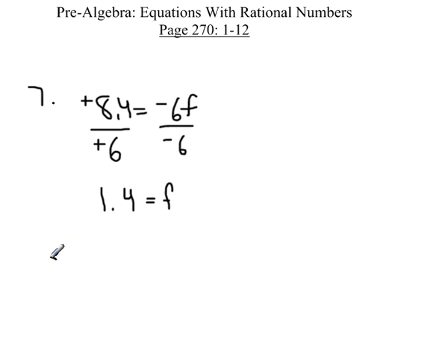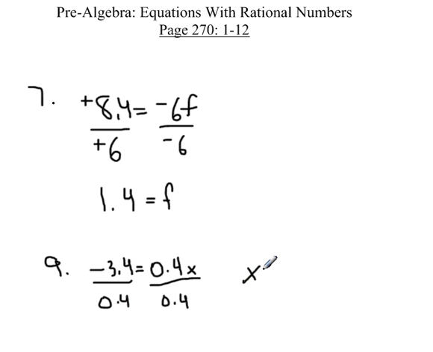Number 9 is similar to that. It just looks different. Negative 3.4 equals 0.4x. So here you're dividing by a number just like you are up here, but you're dividing by a number that's smaller than 1. So you're dividing both sides by 0.4. And when you look at this, you've got negative 3.4 divided by 0.4.